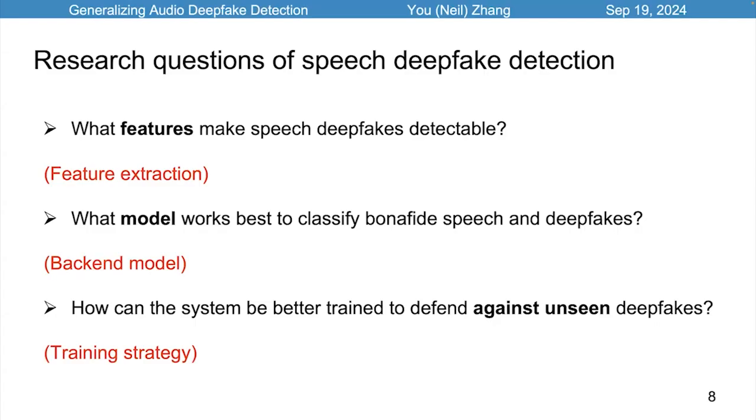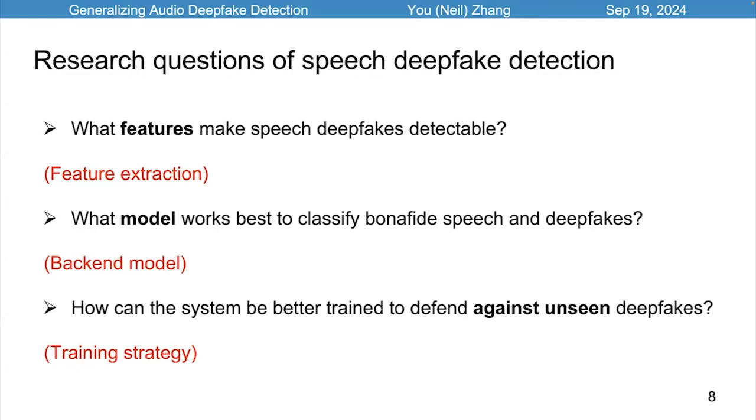So the research questions for speech deepfake detection contain these three. What features are useful? What models are best for the back-end classification? And the most important research question to me is, how can we defend against unseen deepfakes?